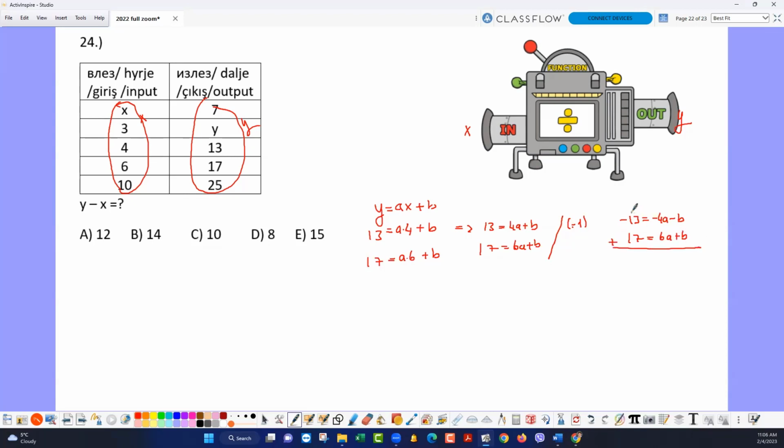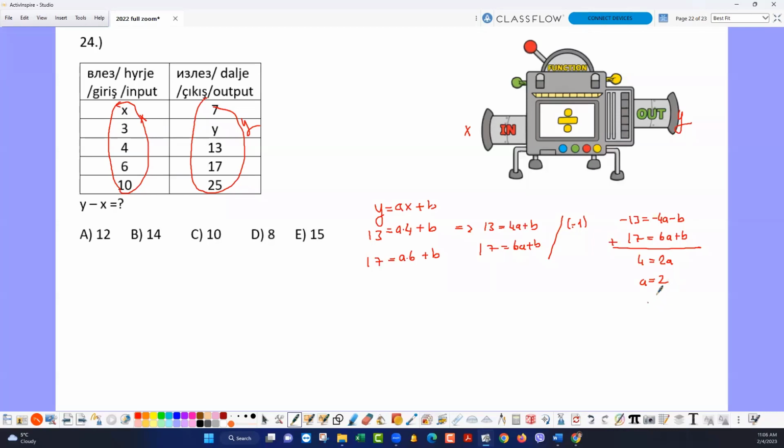When we add them, minus 13 plus 17 is going to be 4, and minus 4a plus 6a is going to be equal to 2a, and minus b plus b is going to be equal to 0. So a is equal to 2.